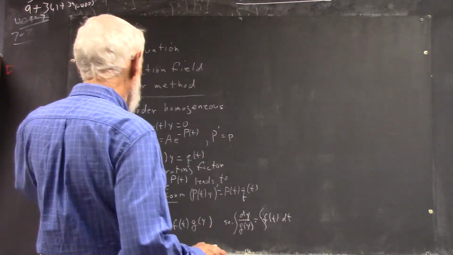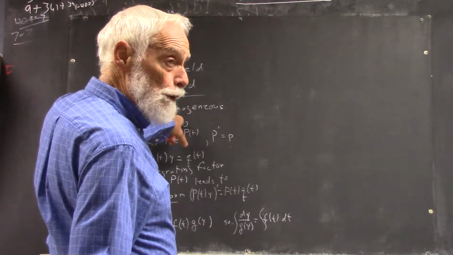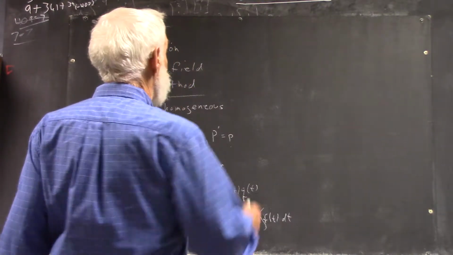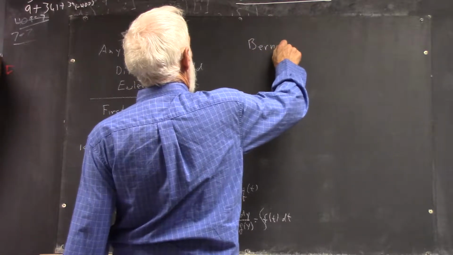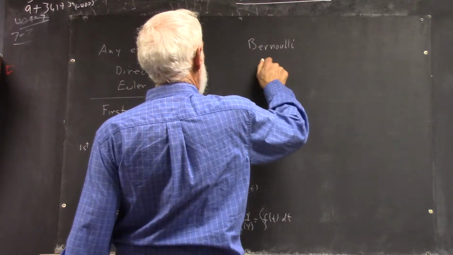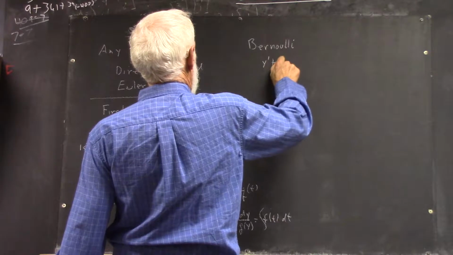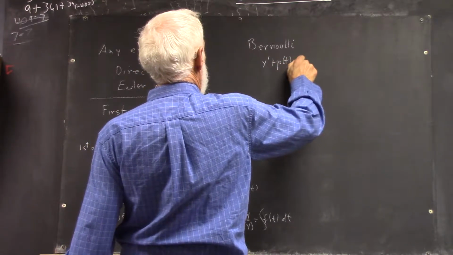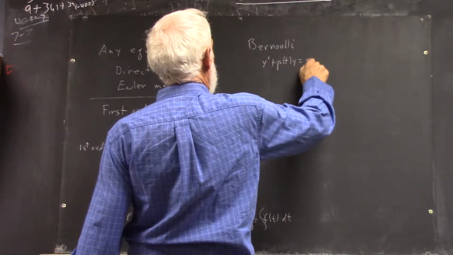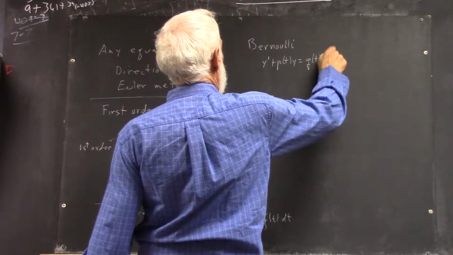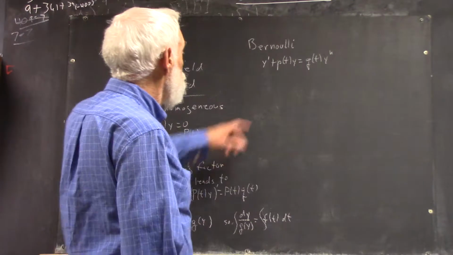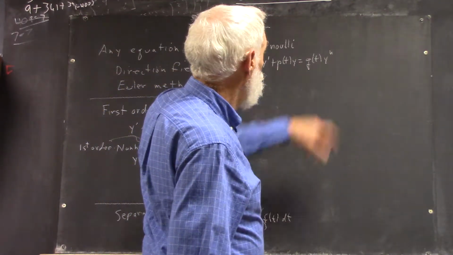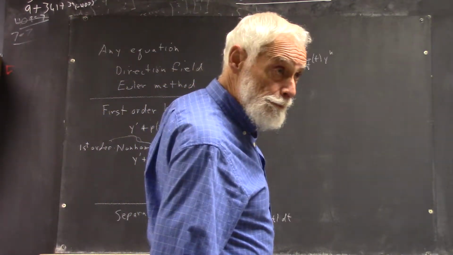Now, before we go too far, we'll talk about the Bernoulli equation, okay? Y prime plus P of t y equals Q of t y to the n.